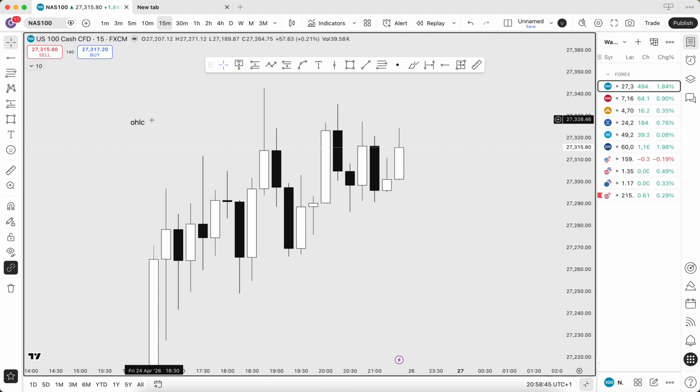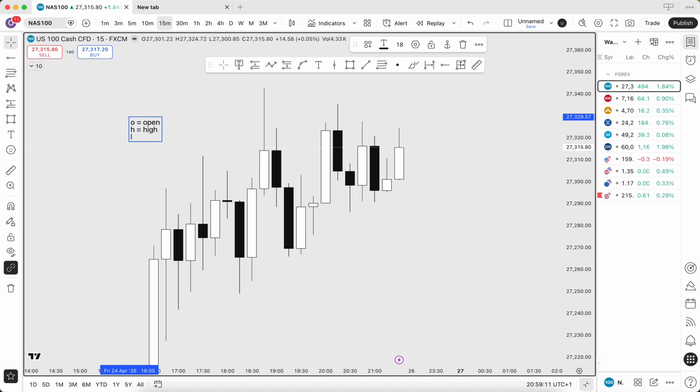OHLC. Now, what is this OHLC? I will tell you. O equals open. Are you paying attention? H equals high.